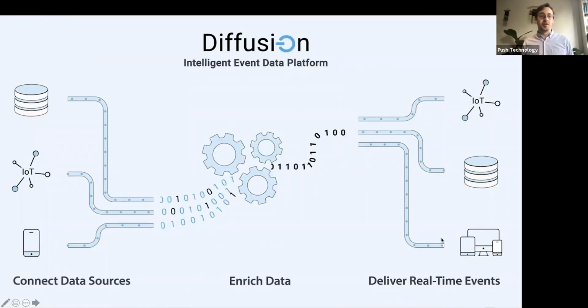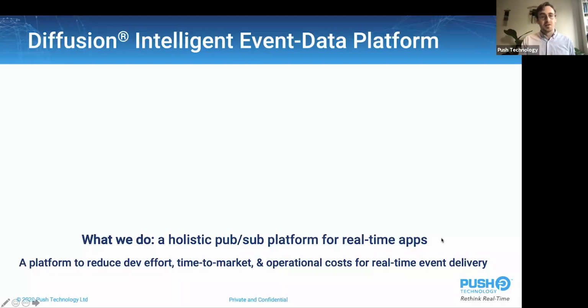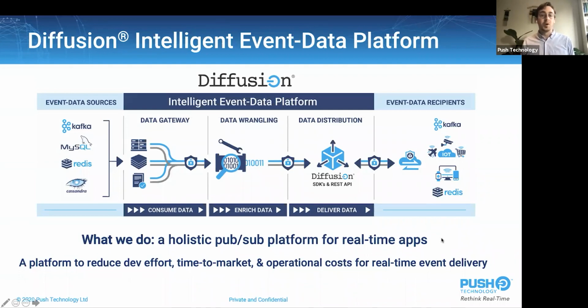So how does that tie into Diffusion? Well, at a high level, Diffusion, which is our intelligent event data platform, really is based around 3 fundamental concepts: connecting data sources, enriching the data from those sources, and then delivering that data as real-time events. We're a holistic Pub-Sub platform, and we provide that consumption, enrichment, and delivery capabilities through various aspects of our product.